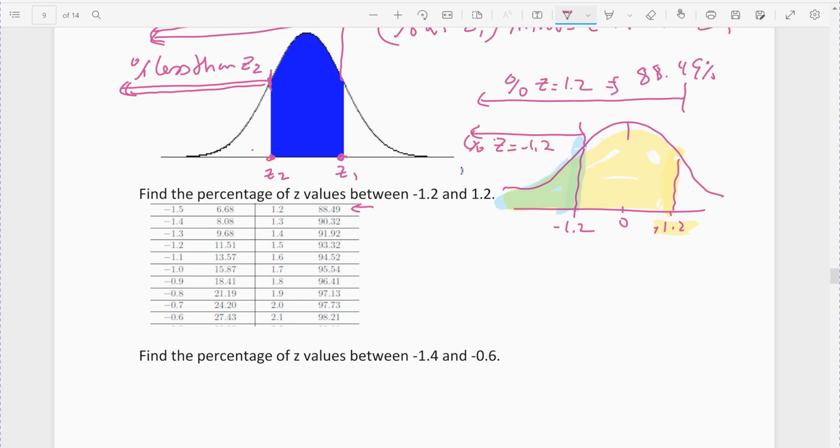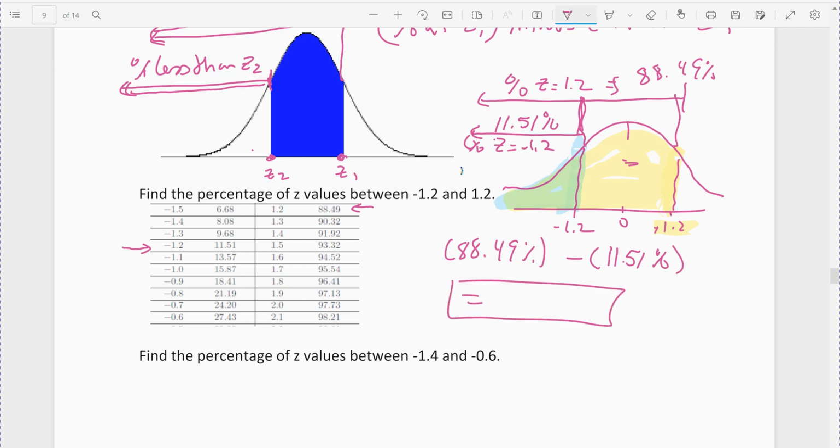So I look at the negative 1.2, which is 11.51%. I want the difference between the two, and so you take the 88.49% minus the 11.51%, and that leaves me with the one I'm looking for, the one in between, which comes out to be 76.98. 76.98% is the area between those two z-scores.